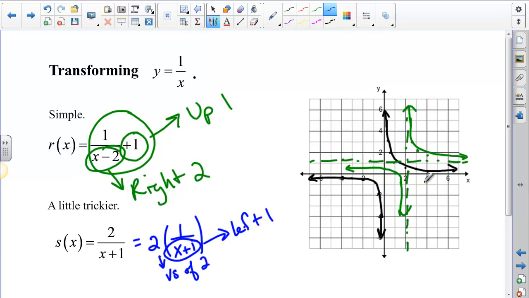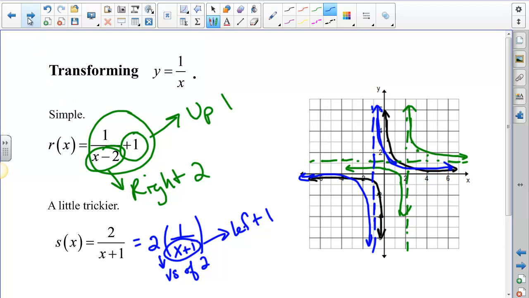And so again, I can go ahead and move my vertical asymptote so that it's right there, x equals -1. And then it's going to stretch. So instead of being at like 1, 1, it's going to be at 1, 2. And instead of being at 2, 1/2, it would be right here at 2, 1. And so it's going to be just a little bit wider as we go out. The horizontal asymptote for this one does not change at all because, well, there's no vertical shifts. It's just a horizontal shift.